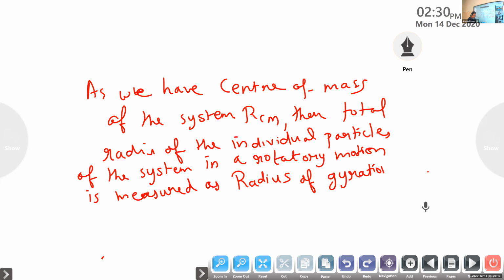Radius of gyration, bracket K. Radius of gyration K.